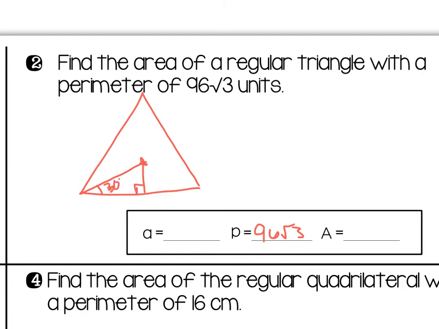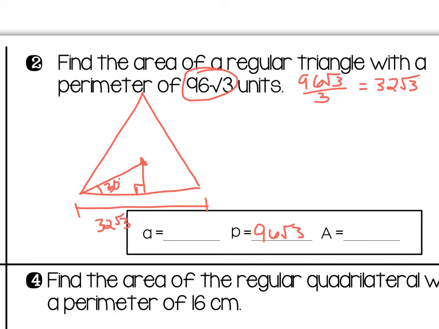That's okay. So perimeter, I have a triangle, so I can take my perimeter and divide it by 3 to get what each side is, which is going to be 32 square root 3. So a whole side is 32 root 3, which means that the part that is in my little triangle is going to be half of that, which would be 16 square root 3.